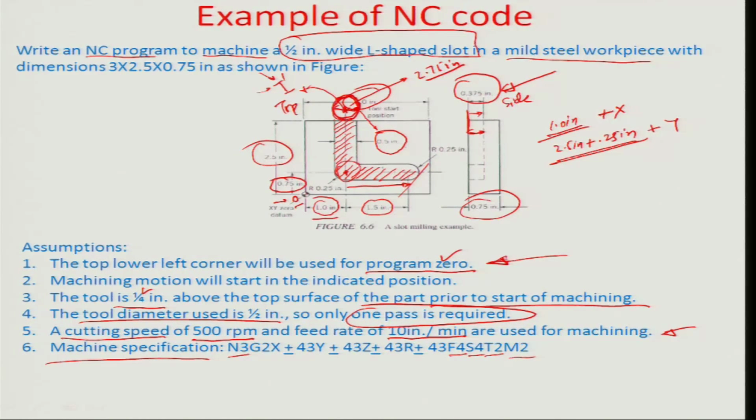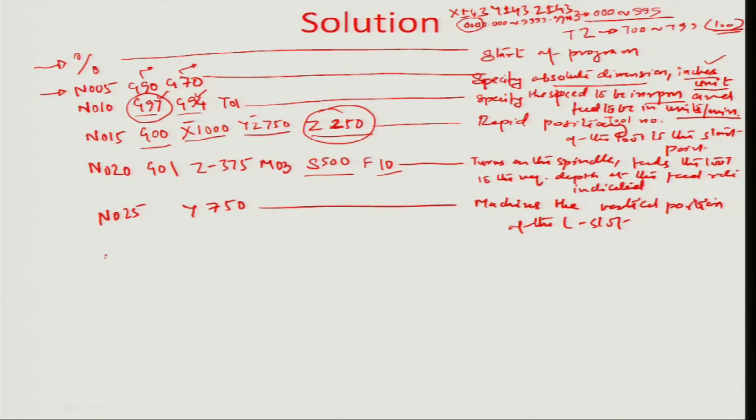Because it's absolute dimension, the x coordinate here is 2.5 inches. So the other step involved here, N030 being the identifier number, asks the tool to now traverse from the position recently acquired, that is y750 x1000, to an x value of 2500.